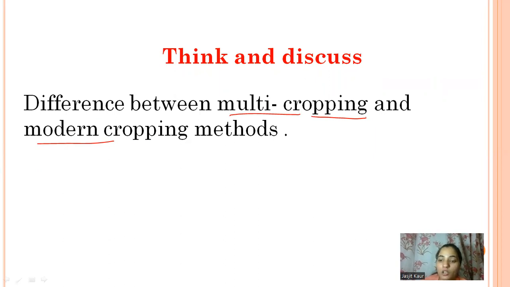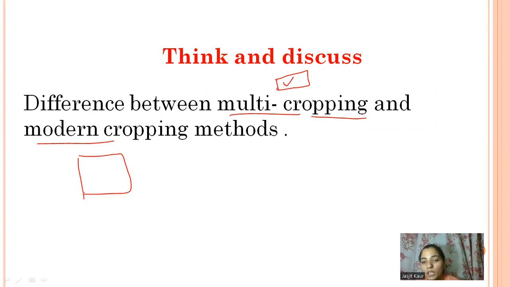Yes. So if I give you one difference between the multi-cropping and modern cropping method: in the multi-cropping method, we are able to grow multiple crops on one particular piece of land. Whereas in the modern cropping method, the main thing we are focusing on is that we are using modern methods of irrigation, almost using modern technology for doing agriculture.